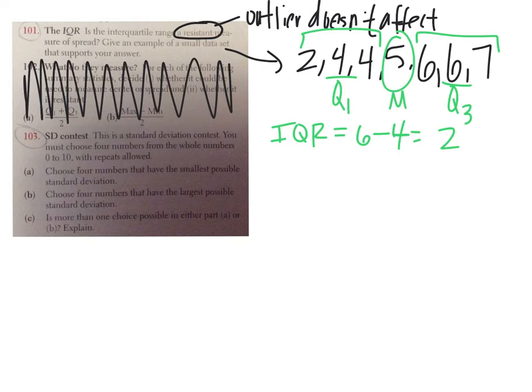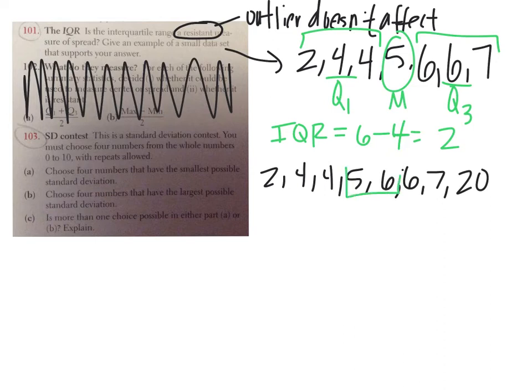Now, let's show with a small data set what happens when we add an outlier. An outlier could be to the left or to the right, but let's suppose I do that. So I've just added a 20 to this list. The middle is going to fall in between these two. That's my median.